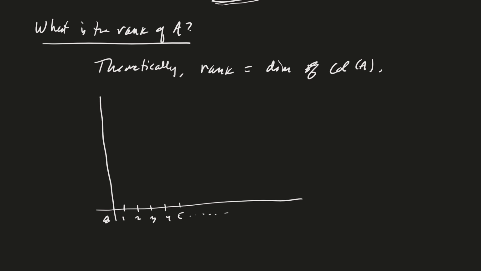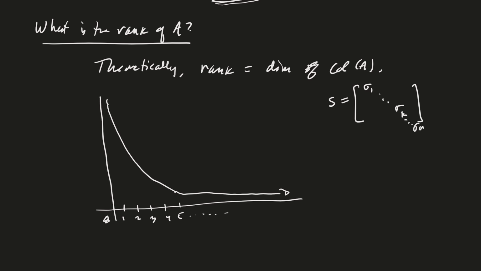Often what you're going to see is that the singular values just drop off like this. They don't increase, right? They're strictly decreasing because we're ordering them that way in the matrix S. Sigma 1, and so this is a plot of all your sigmas, down to sigma N.